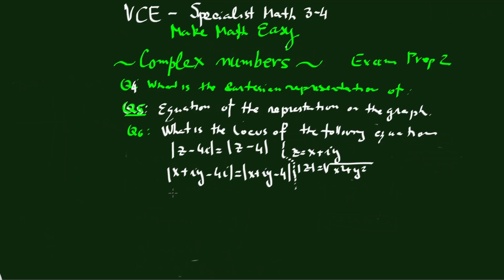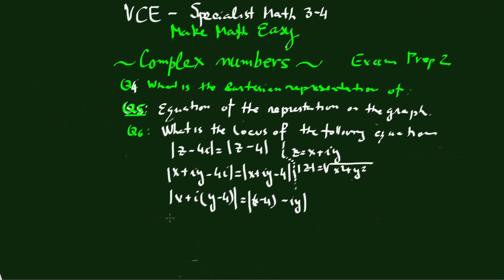Group like terms: |x plus i(y minus 4)| equals |(x minus 4) plus iy|.